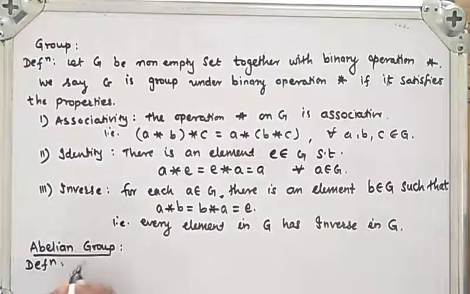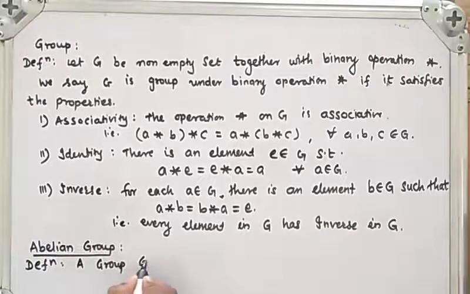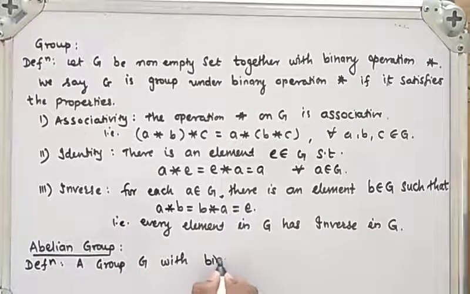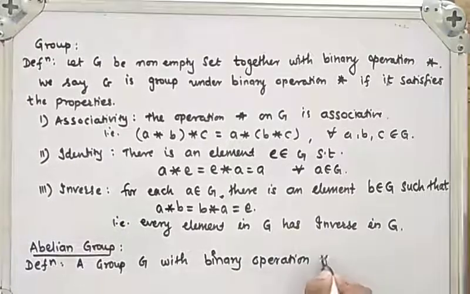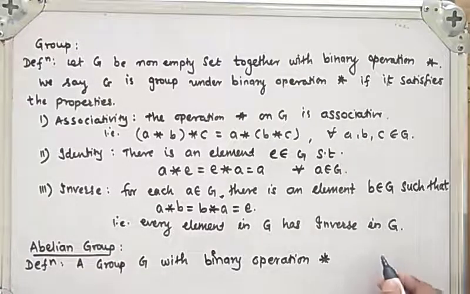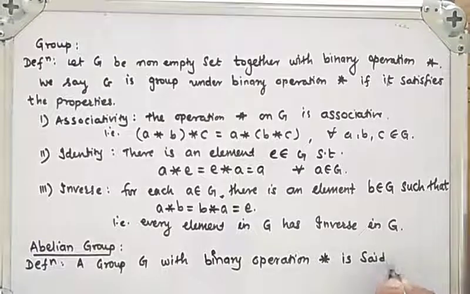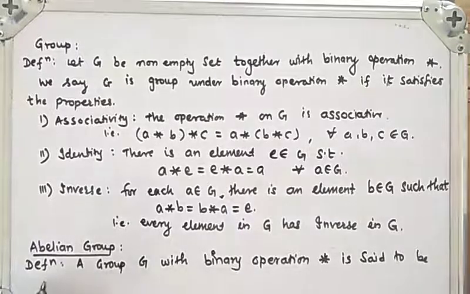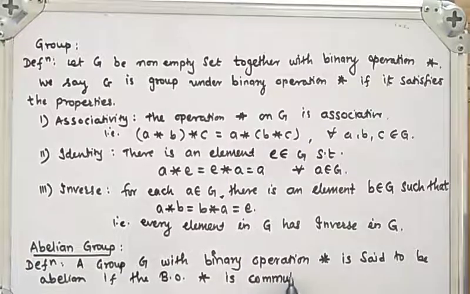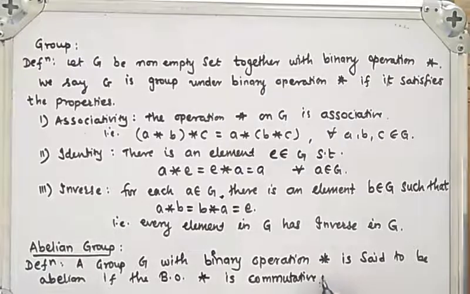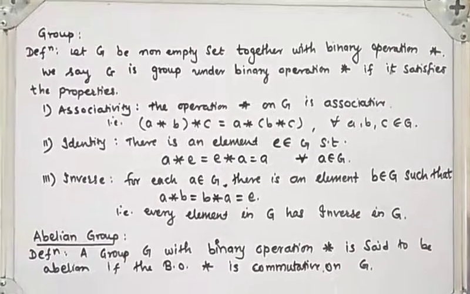A group G with binary operation star is said to be abelian if the binary operation star is commutative on G. Means what is the property for commutativity?